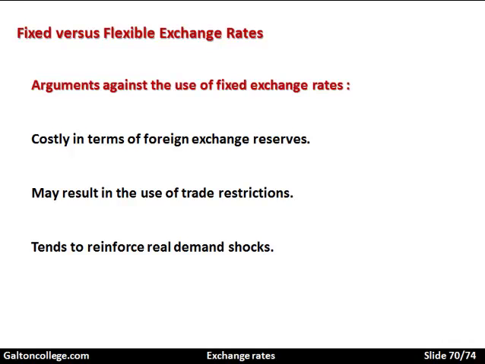And that may lead to more pressure being encountered by the central bank to try and hold the exchange rate. So the fixed exchange rate system was confusing and contradictory in some ways, and was also very expensive to hold. So for that reason, it started to come apart.